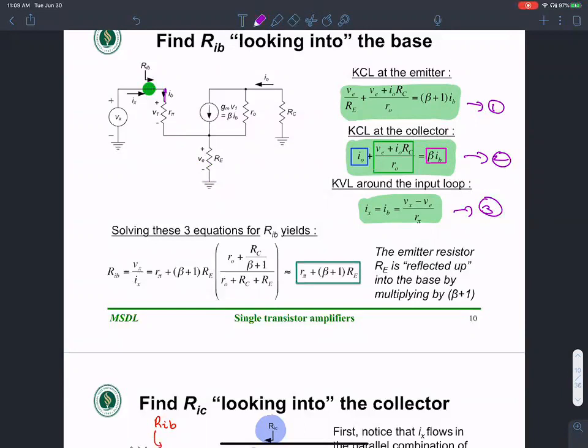Looking into the base, I find r pi and a reflected magnified version of re. That's the intuition I'm after. The rest of the stuff doesn't provide as much intuition, and it's not adding so much value in terms of accuracy. So I'm going to approximate them within reasonable limits to be close to 1.